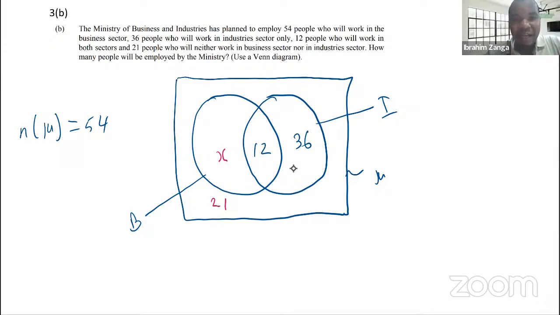So over here, dear friends, taking 21 plus x plus 12 plus 36, we're going to get the total number of people, which is 54.